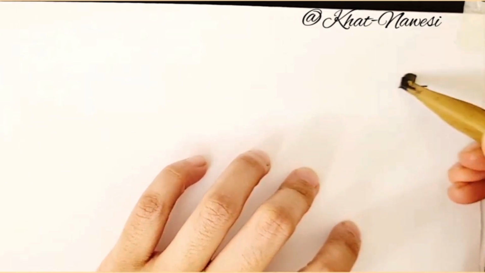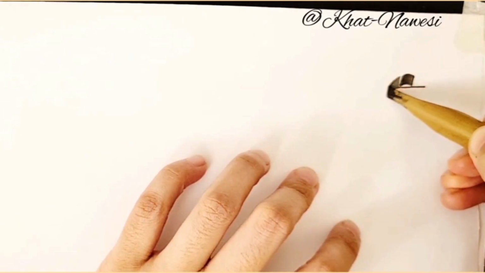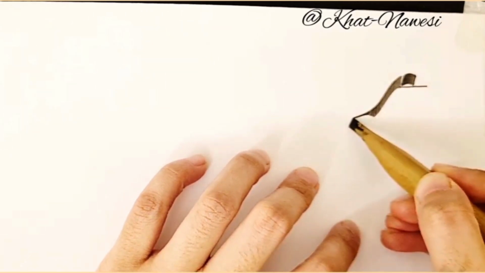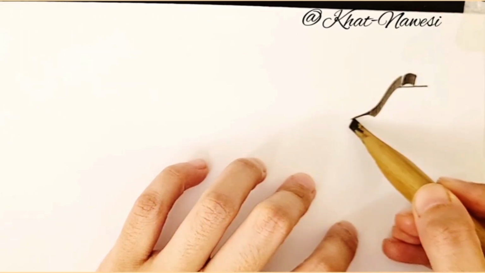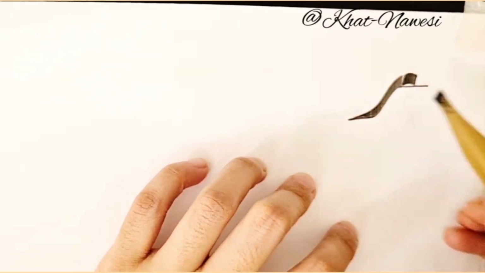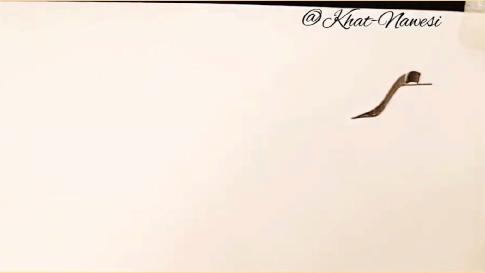Then bring it down, you can use your column tips here or any correcting pens. This is simple ra. Now putting the measuring dots, it's very easy.